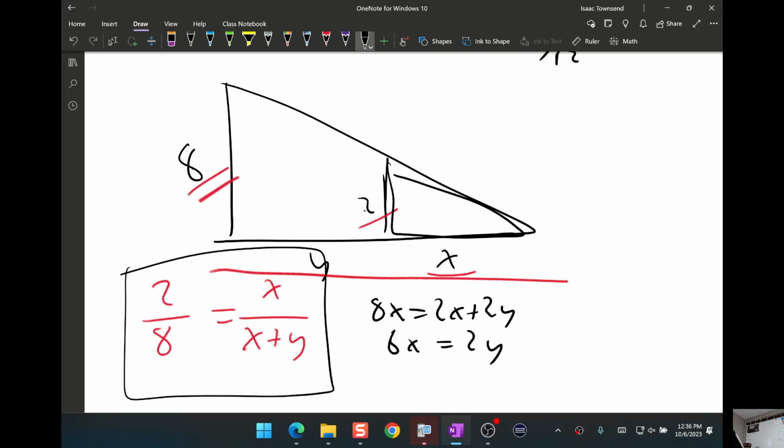Wait, so I still have 2 variables. Well, I just put the 1/3 out front of the parentheses.